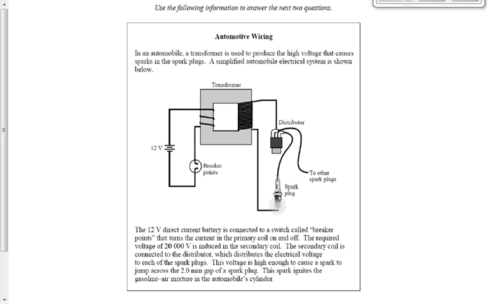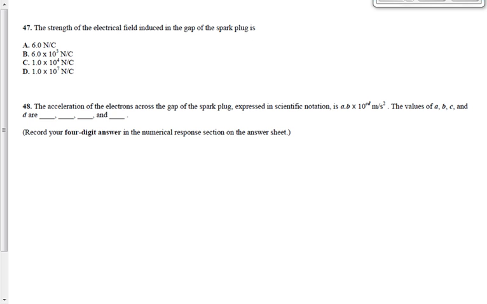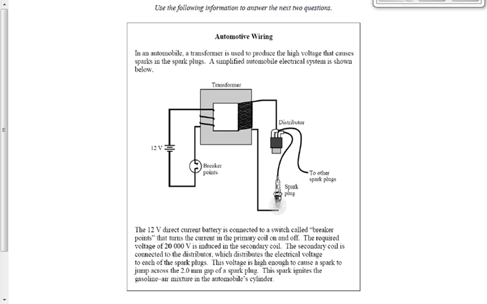The important part here, if you recognize that you use something in the transformers, is that when we're talking about spark plugs in this question 47, we're talking about the secondary coil. Spark plug is in the secondary coil.